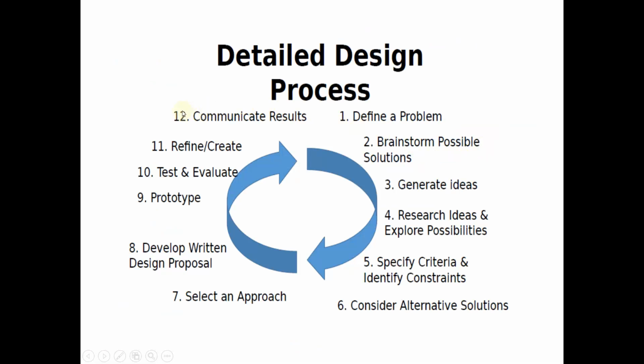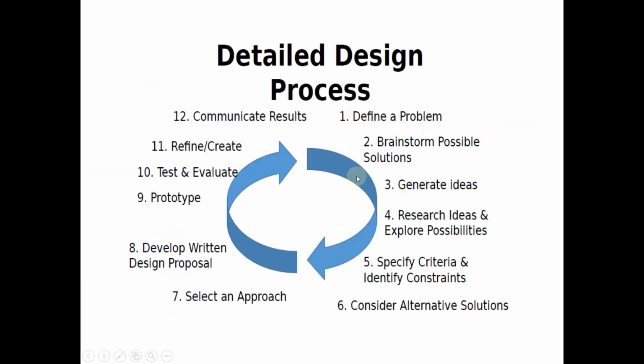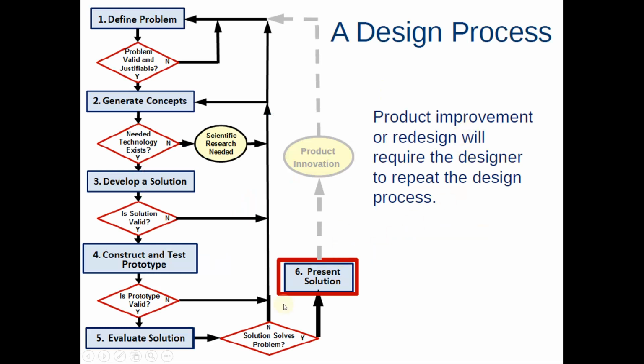We mentioned that there are actually 12 steps, but here only 6 steps have been mentioned. Which means some of the steps are combined into a single step. These 12 steps mentioned in detail are called the detailed design process, and the 6 steps are the general design process.